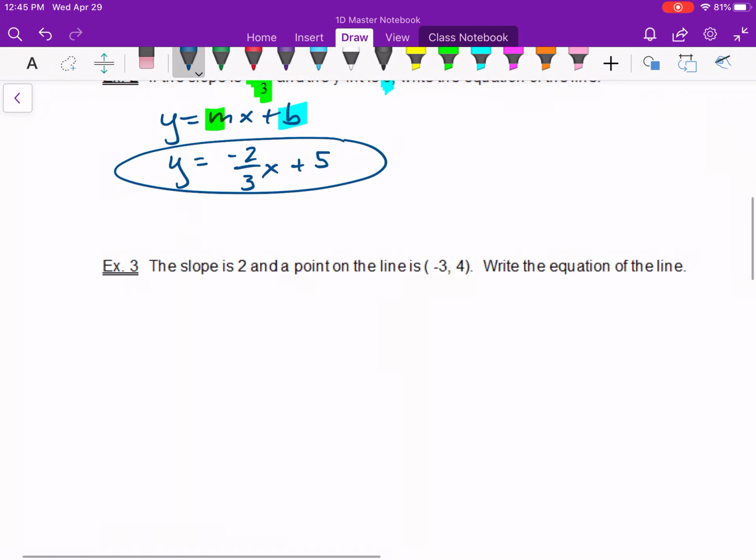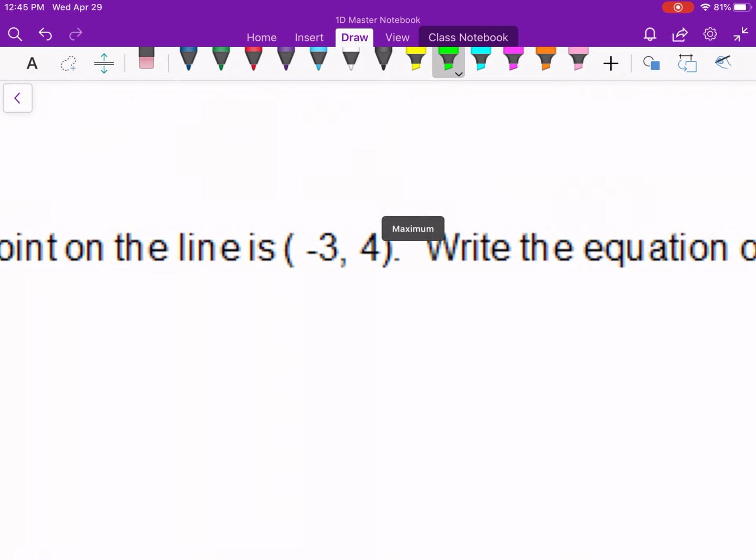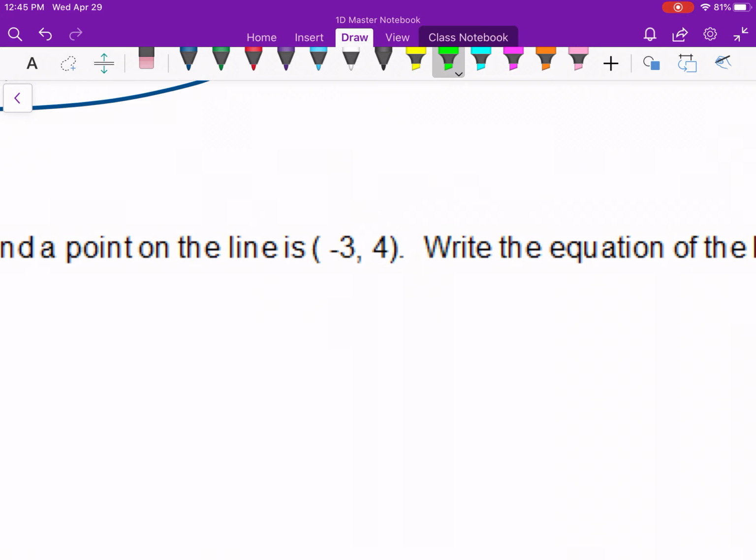The slope is 2, and a point on the line is negative 3, 4. We haven't seen one like that before, but that's okay. What we need to recognize in order to answer it is that any ordered pair, this negative 3, 4, is always in the form x, y.